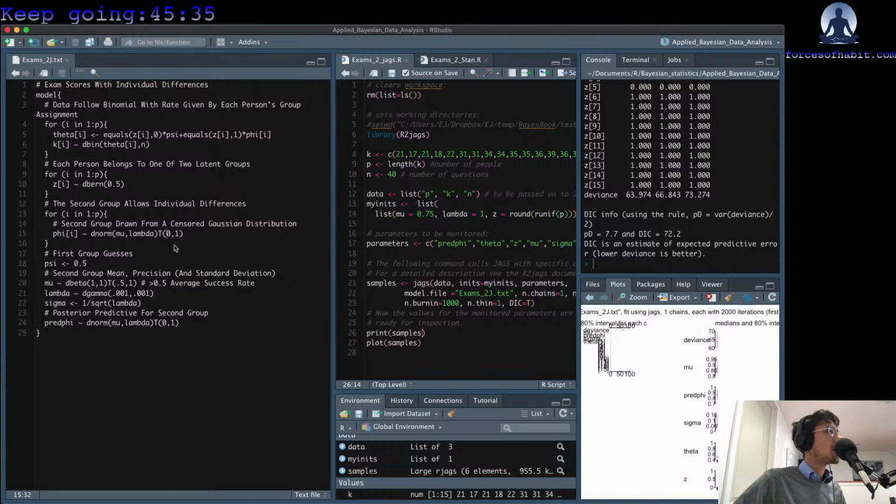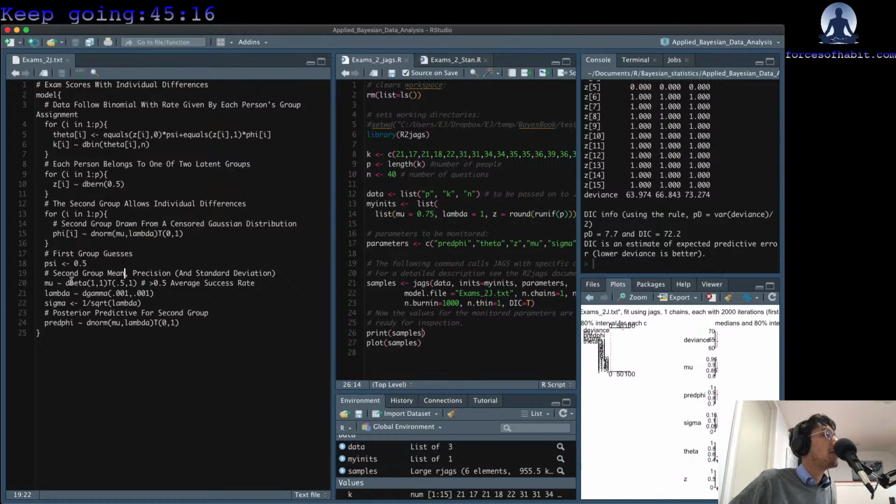Where are we? So here, truncated, so it's a censored distribution. The first group we just specified as 50 because it's guessing. And then for the second group, we have to specify the prior distributions for mu and lambda.